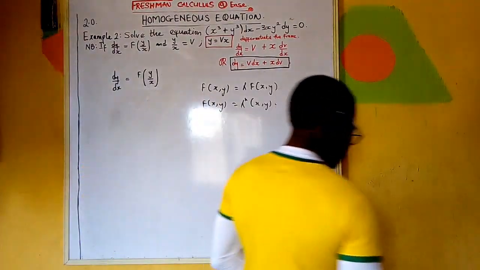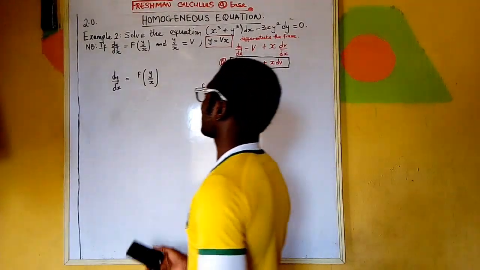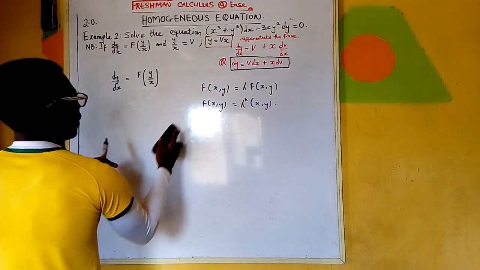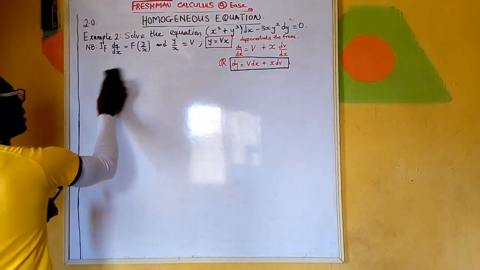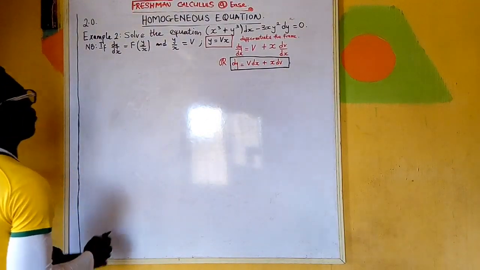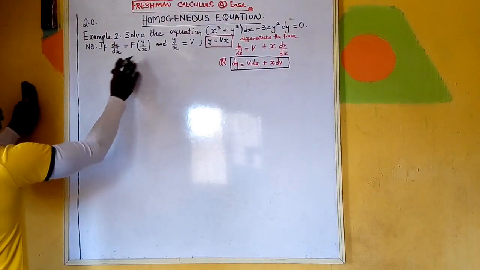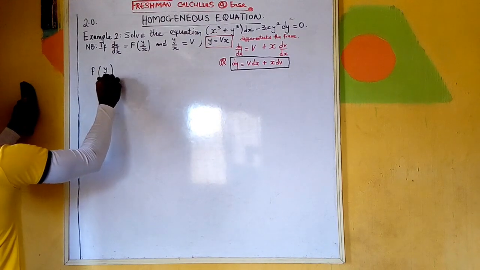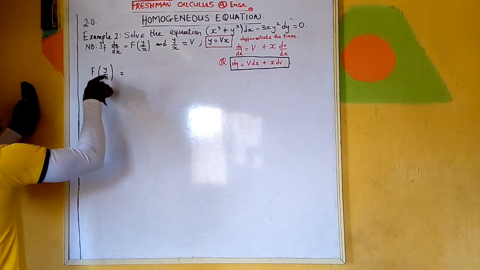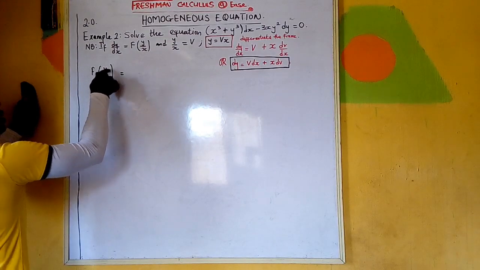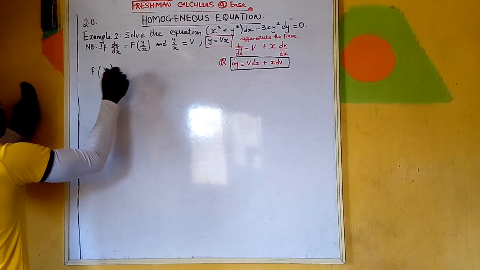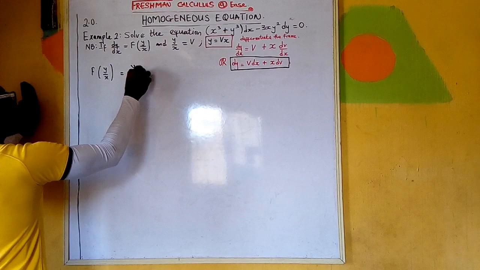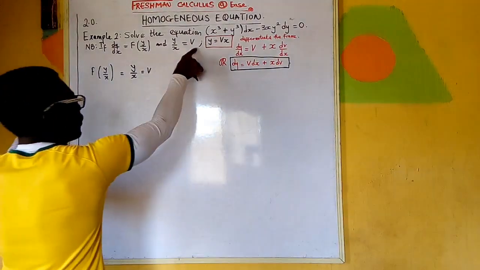Since it's of this type, what do we do? The first thing is to recollect what this function tells us. We need to introduce, since it's a function f of y over x, that y over x is also equal to v, which we have here.